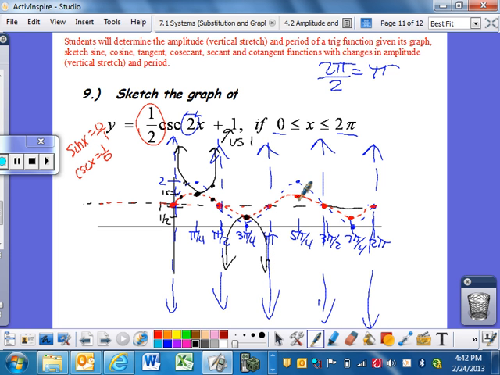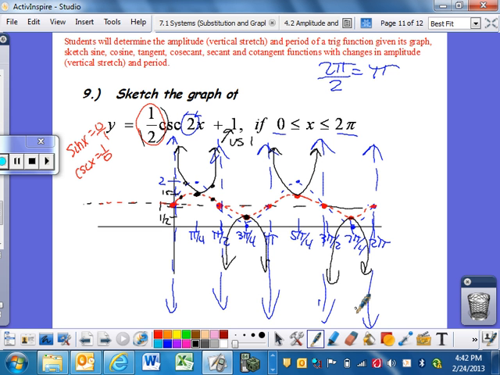Cosecant cannot be between, well, originally -1 and 1. In this case it's going to be -1/2 and 1/2, but the shift is up, so that's why it looks like that. But that's the cosecant graph in black. If you graph this on your calculator, that's what you would get.